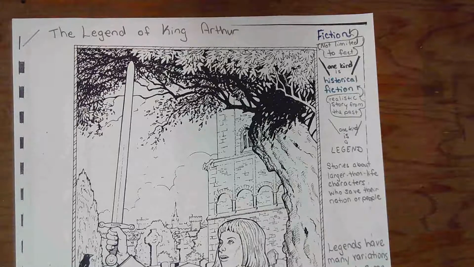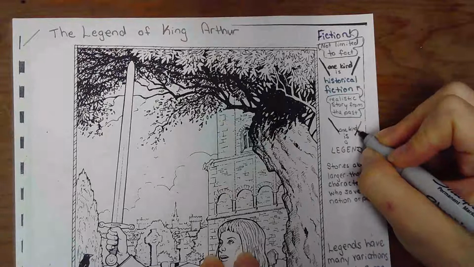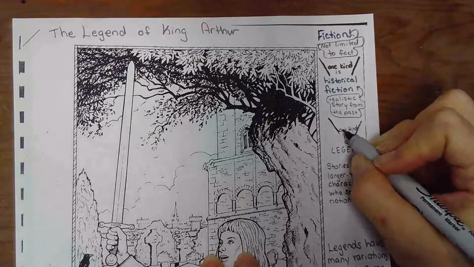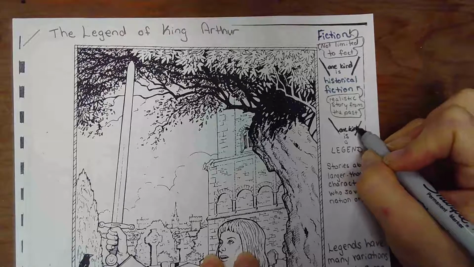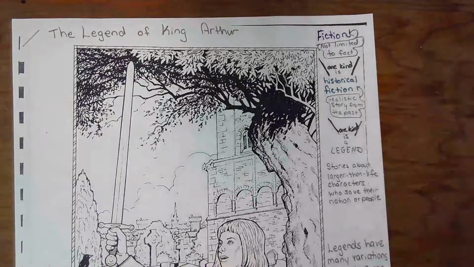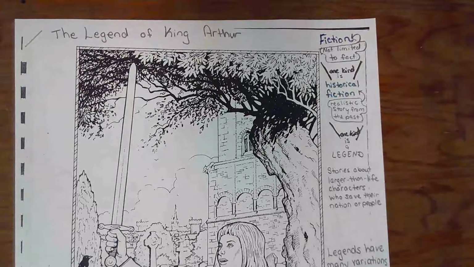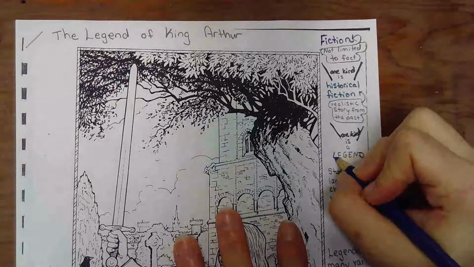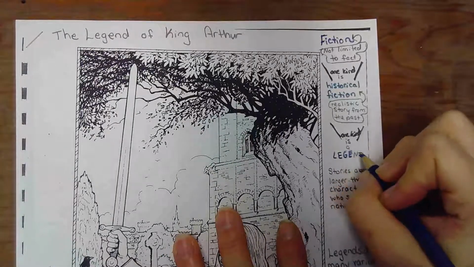But there are other more specific types of historical fiction. And again, one kind of historical fiction, that is fiction. So one kind of historical fiction is a legend. Now we get down to King Arthur.